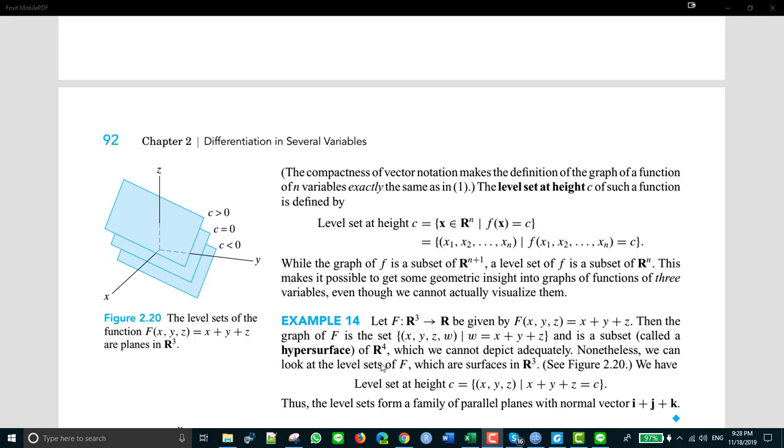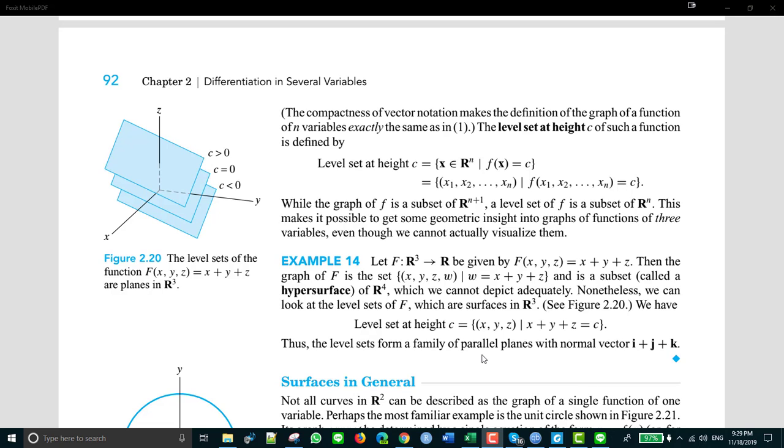The function we can't visualize, but the level sets are in 1 dimension lower, so they're in R3, so we can visualize those. And this is a plane in R3. Thus the level sets form a family of parallel planes. With each C we get another plane, but they're all parallel, and they all have normal vector i, j, k.